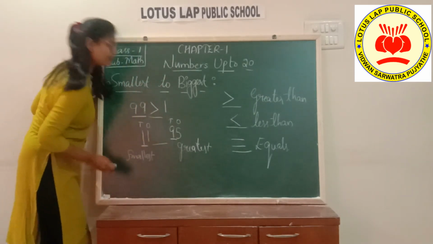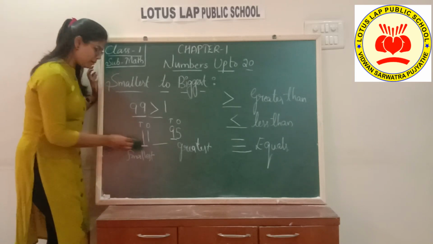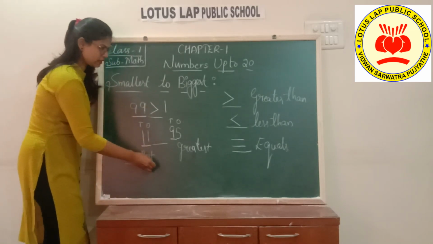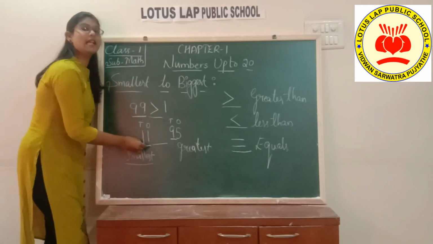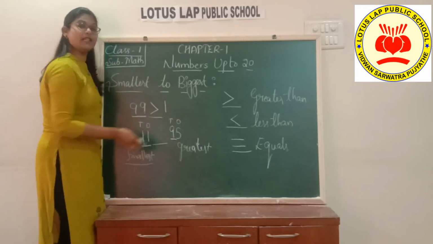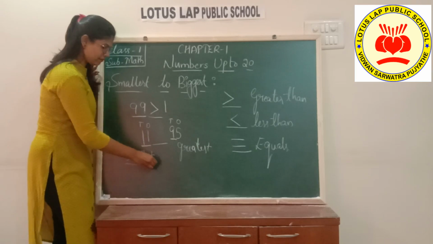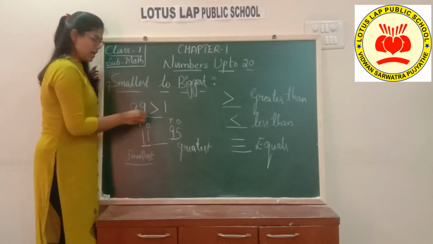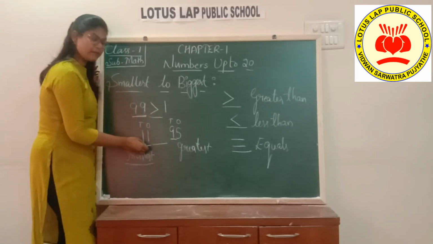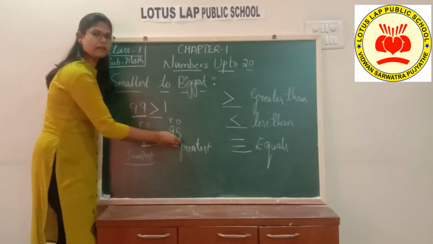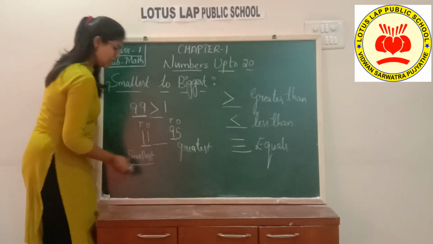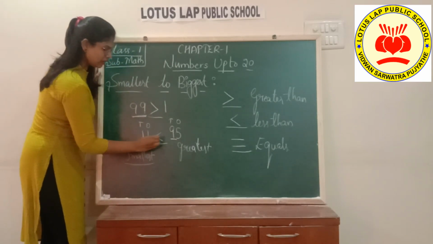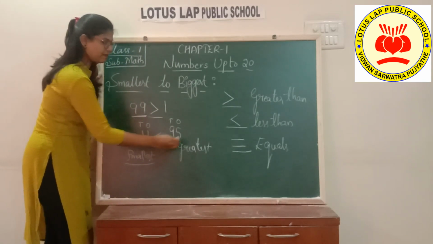Now which symbol we have to use here? Obviously 11 is the smallest one. So the statement will be 11 is less than 95, because here it is a small number, here it is a big number. Here the first number is less than the second number, right? Now here the statement will be written in less than. 11 is less than 95.